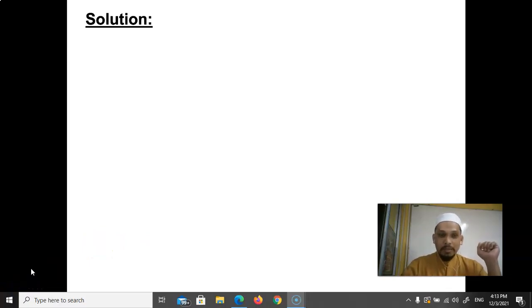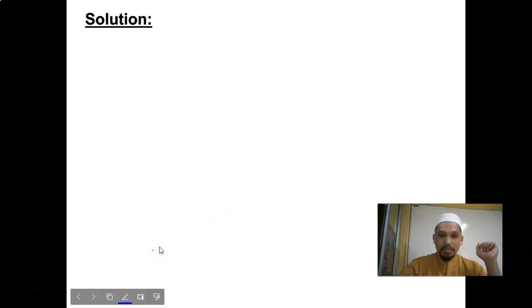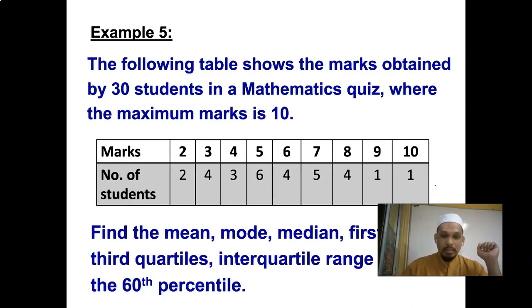Okay, before that, because we are in the next page slide of this, please look at this table, the marks and also the number of students. There are 2 students getting 2 marks, 4 of them getting 3 marks. So if I write all this as raw, ungrouped data, we have 2 and 2, because 2 students got 2 marks.